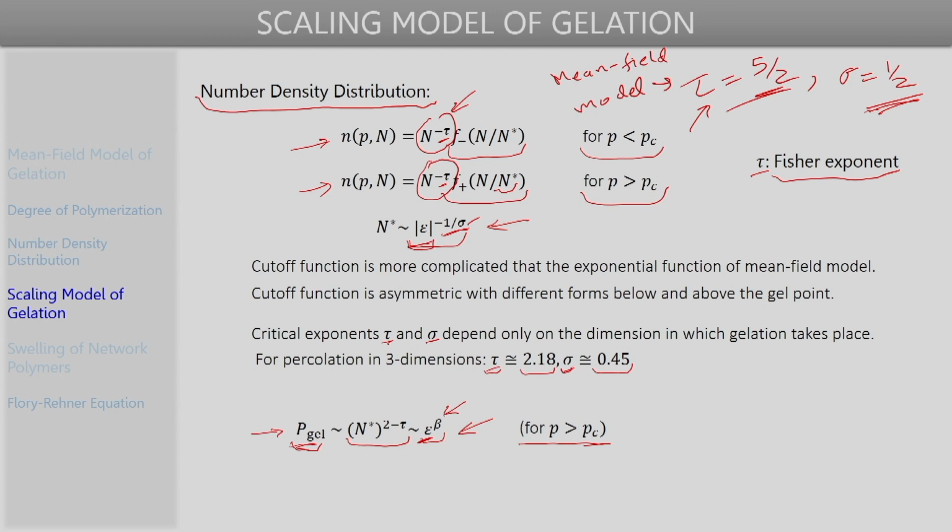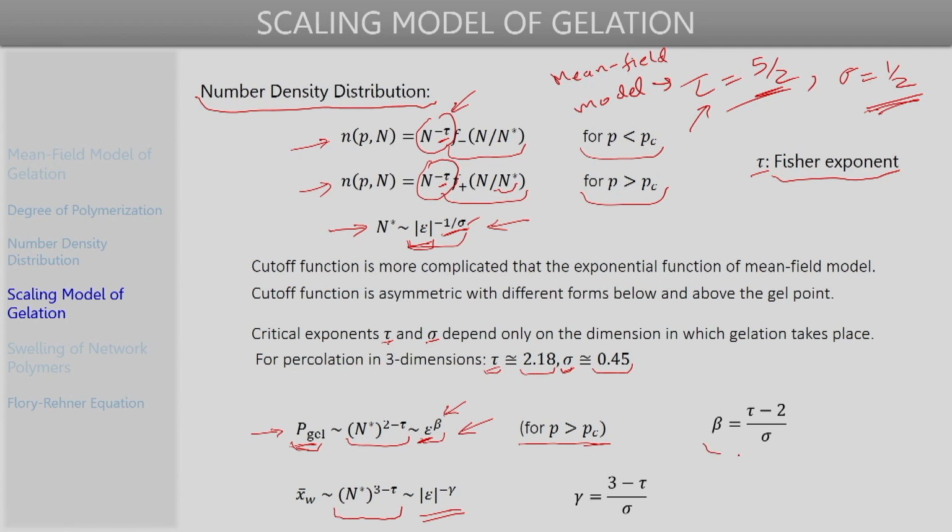Similarly, a scaling result can also be obtained for the weight average degree of polymerization. The weight average degree of polymerization, x w bar, scales as n star to the power 3 minus tau. Again, n star is related to epsilon through this relation, so x w bar scales as epsilon to the power minus gamma.